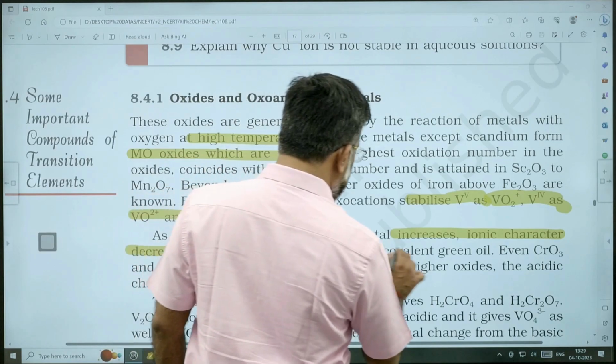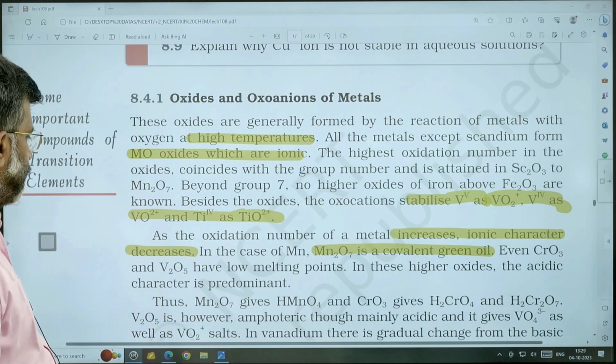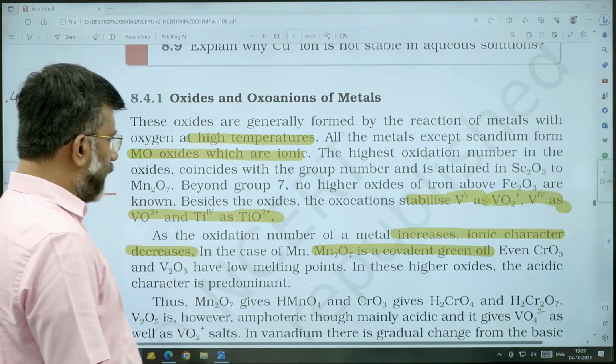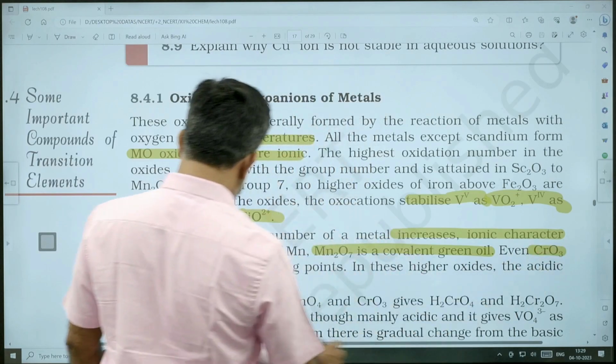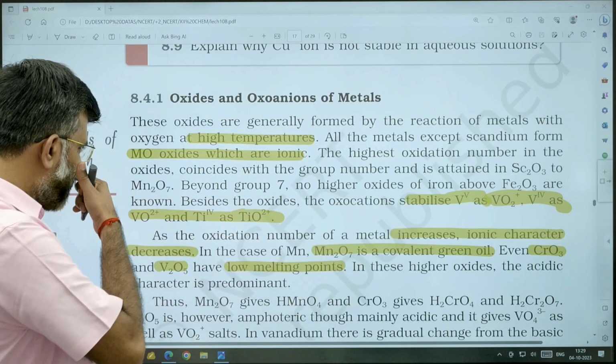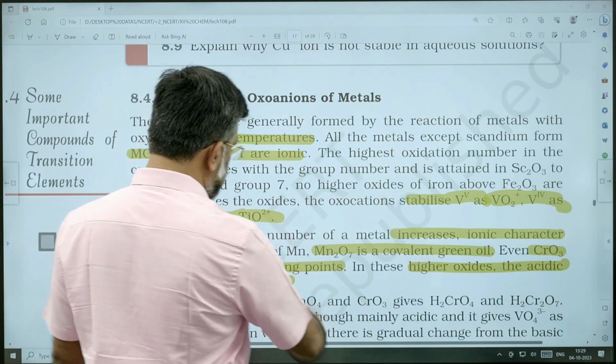Mn2O7 is a green, covalent oil. CrO3 and V2O5 have low melting points. In these higher oxides, acidic character is dominant.